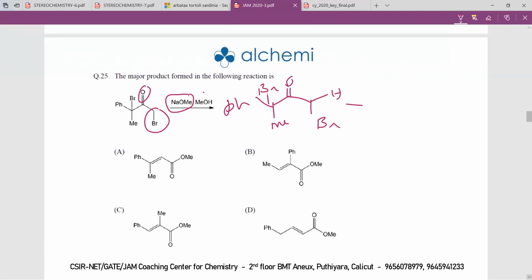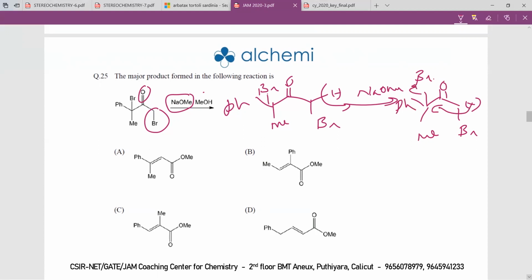So here we have alpha hydrogen. The base, NaOMe, will remove this proton. So a carbanion will be generated at the alpha position. This is the mechanism of the Favorskii rearrangement. Next step, it will attack here, forming a cyclopropane ring. Now OMe minus will attack the carbonyl group.